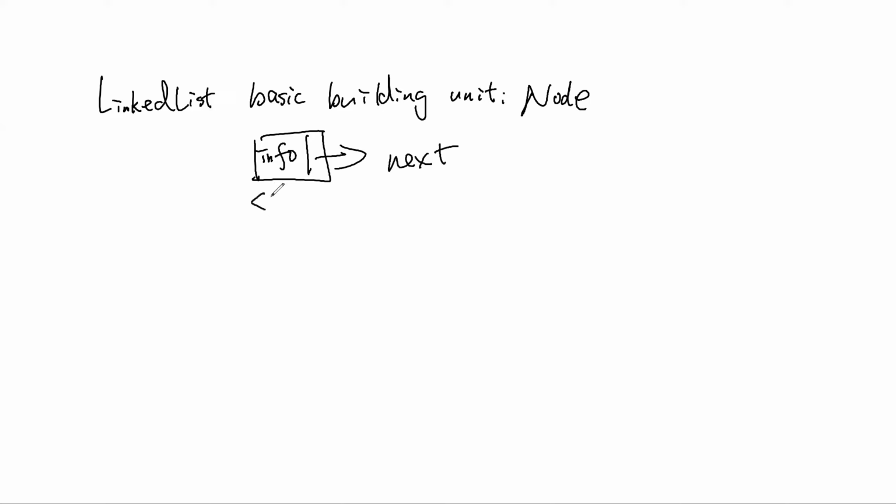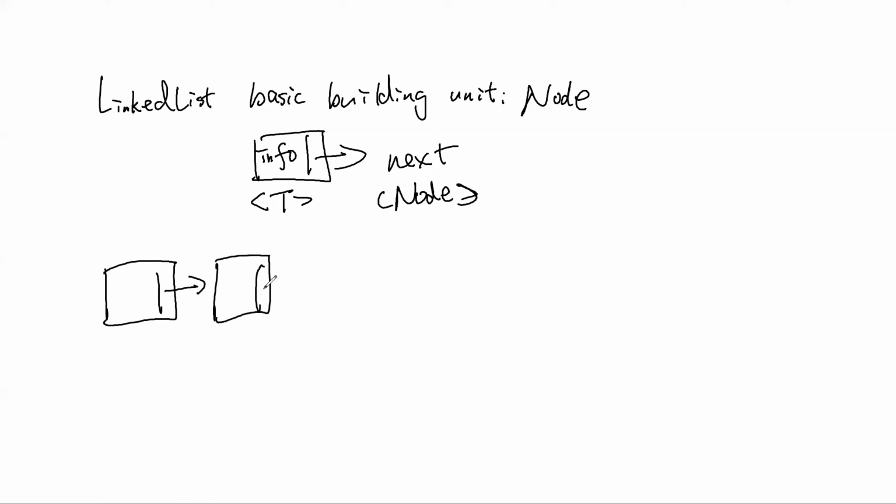And the information is generic. We are going to discuss how do we write a generic linked list. And next, the type is a node. That's it. Once you have this basic building unit, then we can use node to build our linked list.